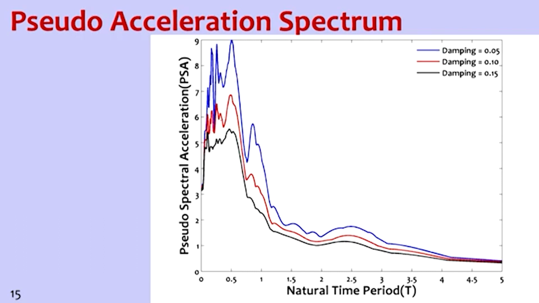You may note that as damping increases, it reduces the amplitude value at the same natural period. So this is the response spectra for various damping values for a given component of earthquake. In this example we have used the El Centro ground motion.